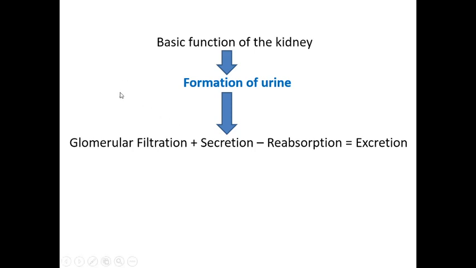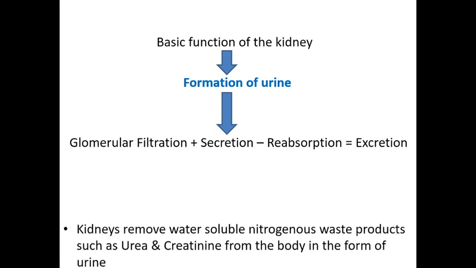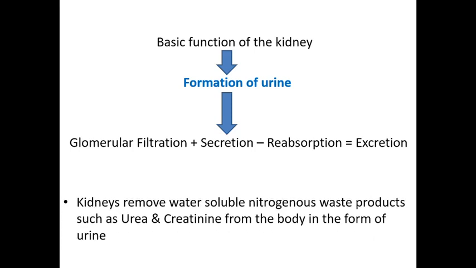So, glomerular filtration plus secretion minus reabsorption is what is excreted as urine, right? So, the kidneys, by forming urine, help to remove nitrogenous metabolic waste products that are formed in our body, like urea and creatinine.